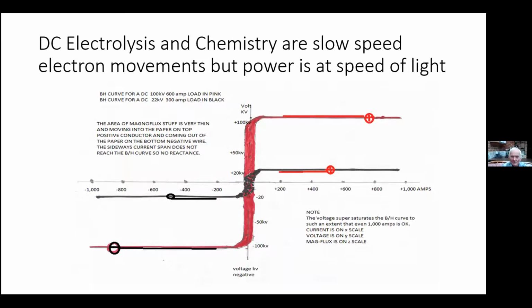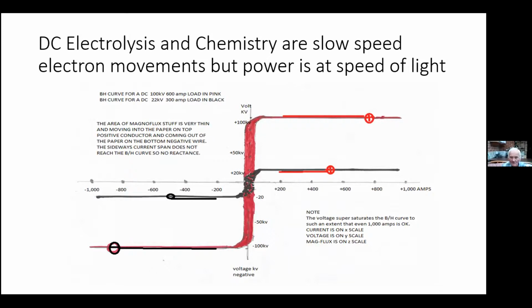This is a standard BH curve, and you can see on it I've got the current marked going on the horizontal scale, going to the right positive and to the left for negative. And then the BH curve is in the middle with the voltage going in the vertical direction. So we know voltage is always in the Z direction. So Z direction is up and down.